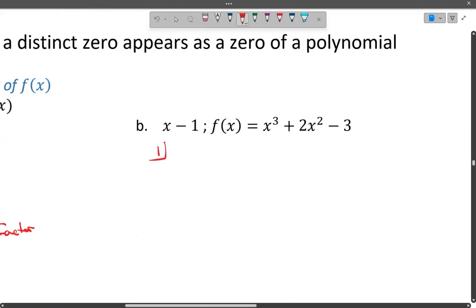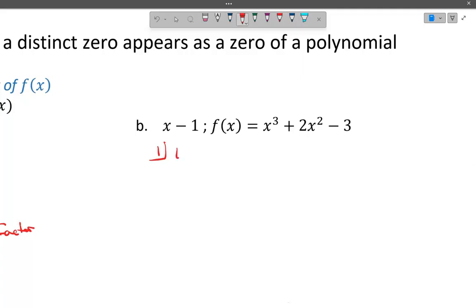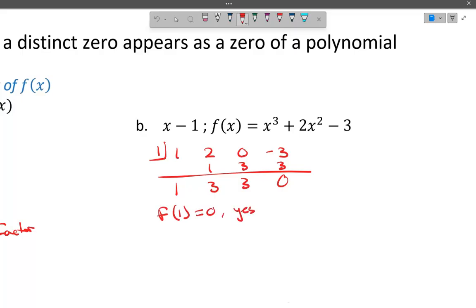Here we've got the same factor, so we're going to use the same value of k. We're going to use 1, 2. We're missing the linear term, so we need the placeholder 0, and then the -3. So we'll add, multiply, add, multiply, add, multiply, and we get 0. So because f of 1 equals 0, then yes, x minus 1 is a factor.